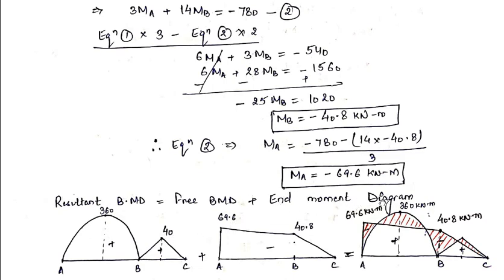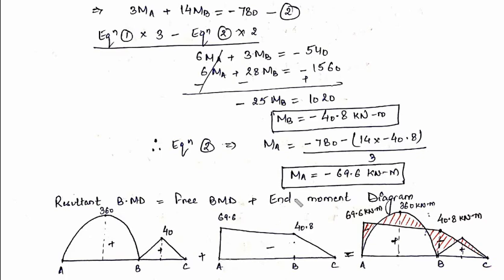Now, in order to draw the end moment, at point A the value of MA came out to be minus 69.6. We will show the minus values above the axis only, because when we superimpose these two areas, the plus and the minus areas which coincide will cancel out each other.